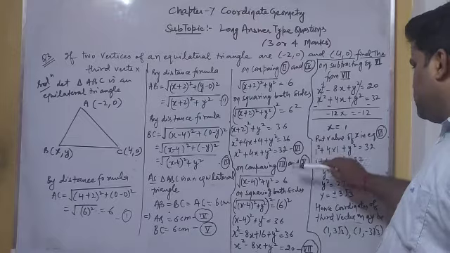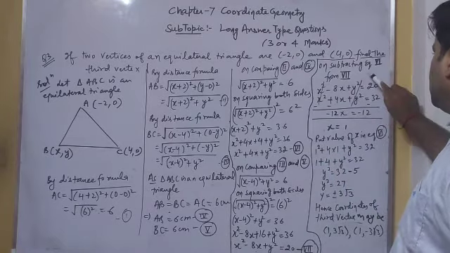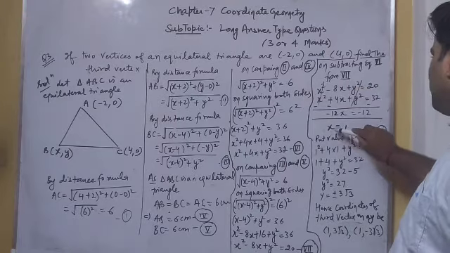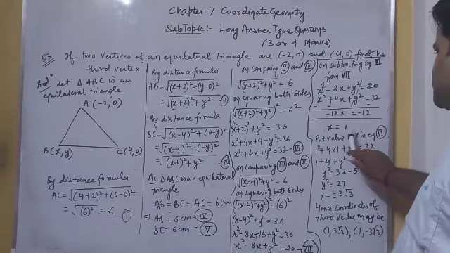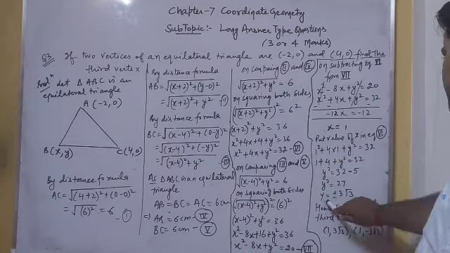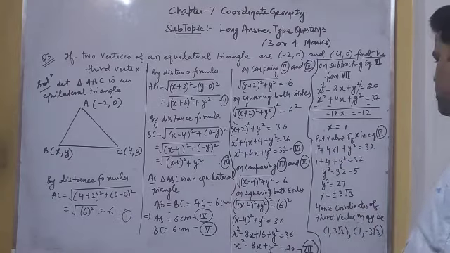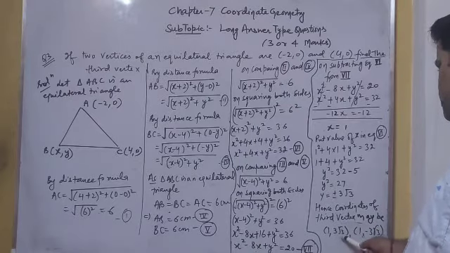On subtracting equation 6 from 7 and arranging, we finally get x equal to 1. Putting x equal to 1 in equation 6 to get y, we finally get y equal to plus minus 3 root 3. So hence the coordinates of the third vertex may be (1, 3 root 3) or (1, -3 root 3).